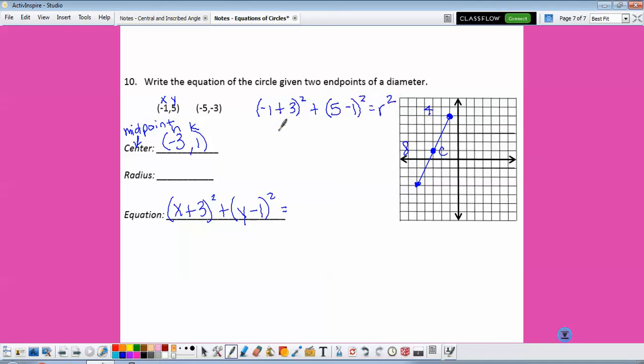Negative 1 plus 3 is 2 squared. 5 minus 1 is 4 squared. 2 squared is 4. 4 squared is 16. So that means 20 equals r squared, which will go right here on the end of our equation. But for the radius, it would be the square root of 20.